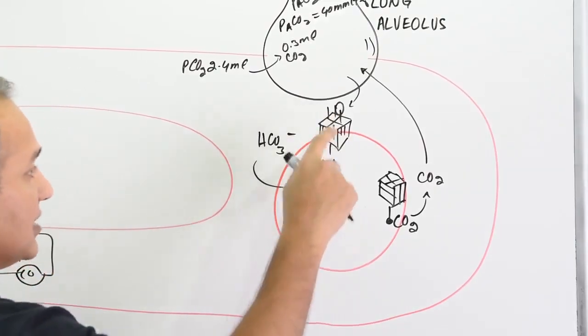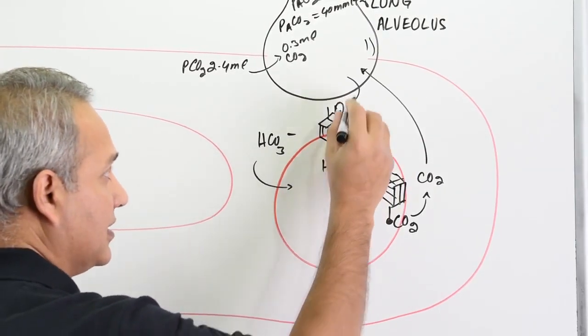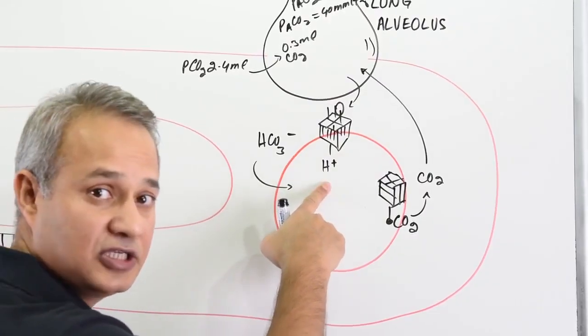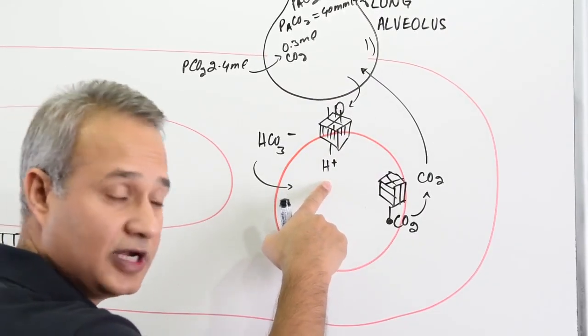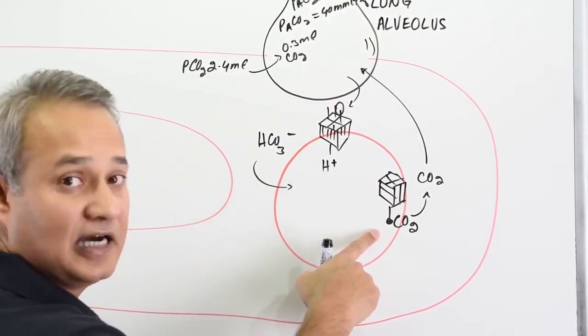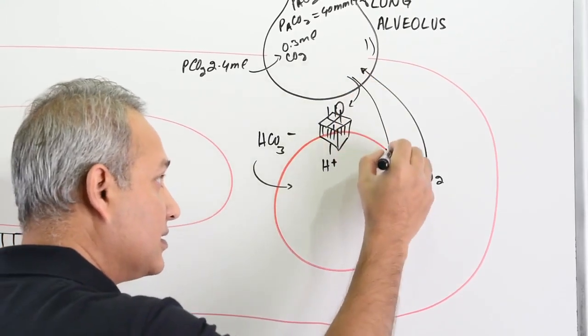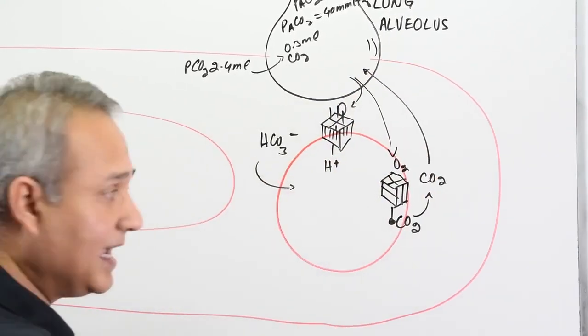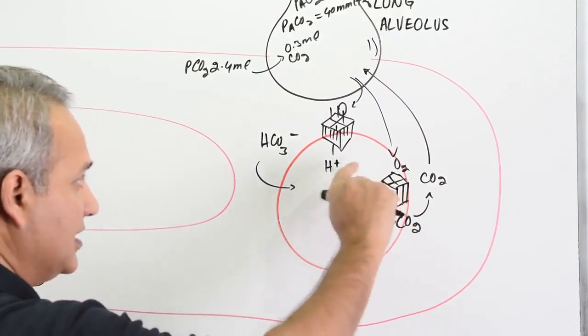So as the oxygen is loading, and it would load on both types of hemoglobins, the hemoglobin that has an H ion attached to it or protonated, and the hemoglobin that has carbon dioxide. Oxygen would create conformational change, and that would help dissociate these things.